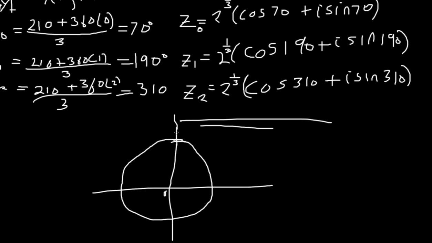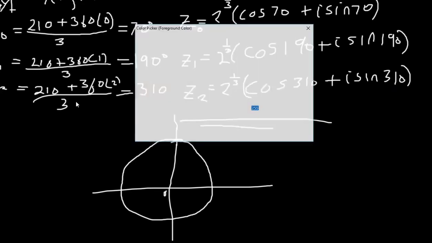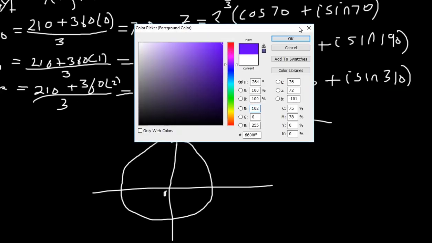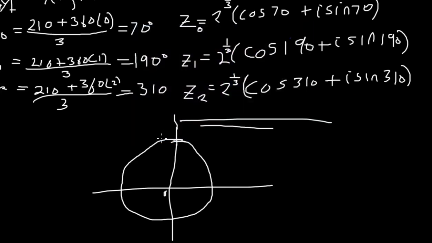So the magnitude of this circle, the radius of this circle, is 2 to the power 1 over 3. Even here I have 2 to the power 1 over 3.